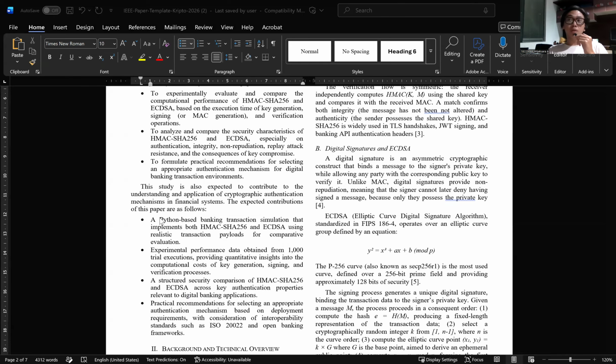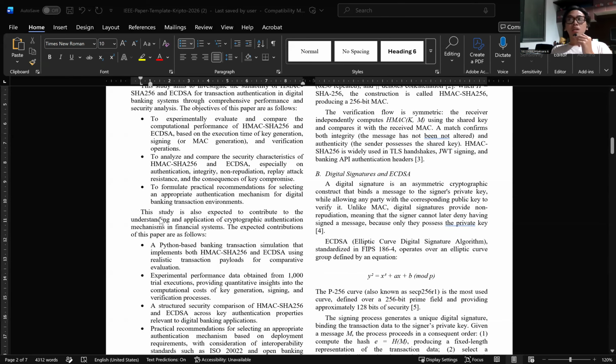But because both parties hold the same key, neither of them can prove that it was really this person who sent it and not me, since both sides could have produced the same stamp, and that is why HMAC has no non-repudiation.